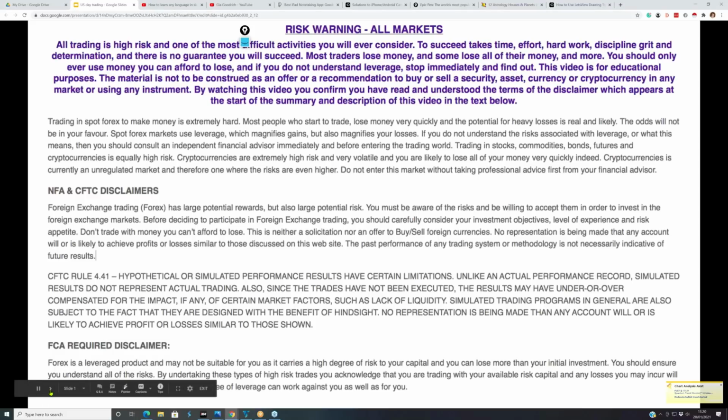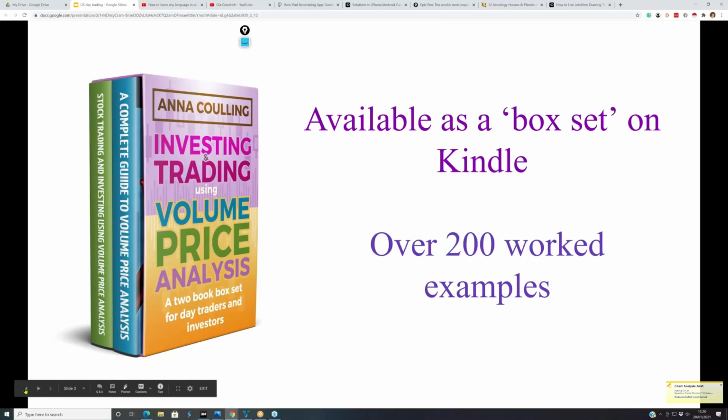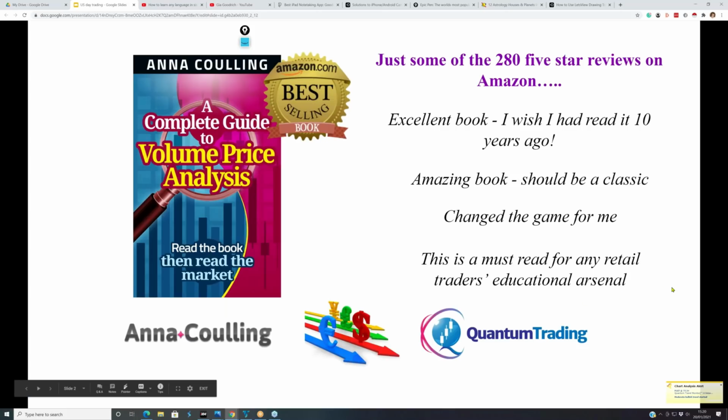Very quickly, we are going to be looking at the charts using volume price analysis. Those of you who have the book already will know the methodology is the relationship between the price action and volume. Regardless of how you select a stock, the methodology will confirm whether what you're looking at on your chart is valid or not, because that's all we want to do.